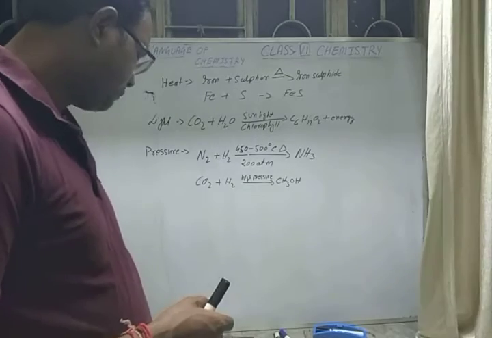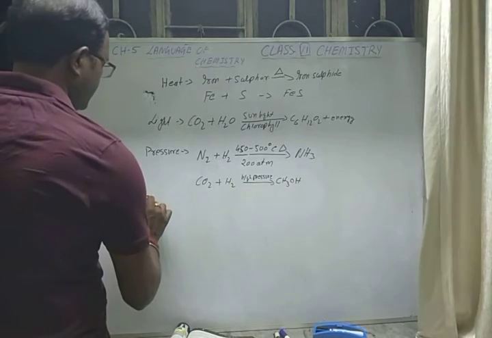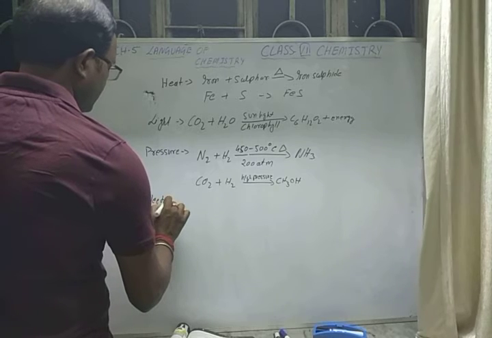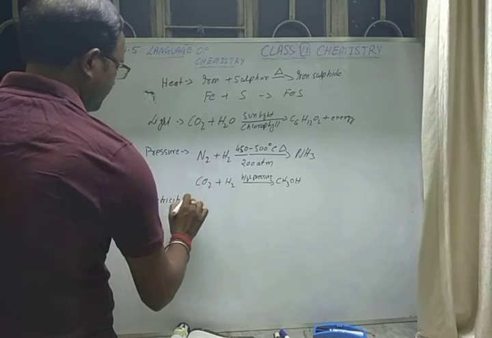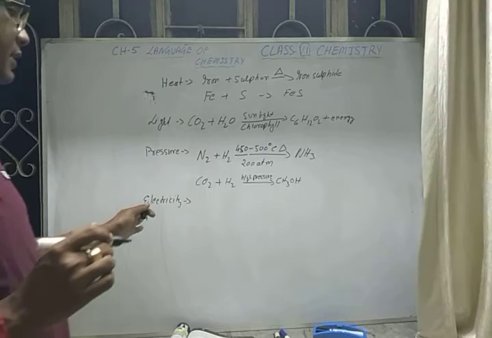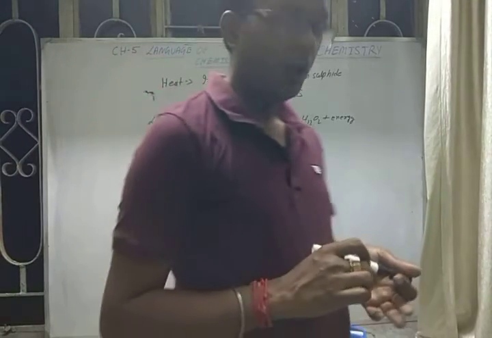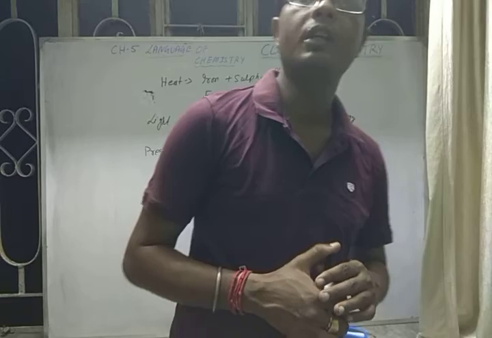Okay. Next point is electricity. Electricity is also required for chemical reactions. Generally we do this for the electro refining process, or to decompose some compounds.